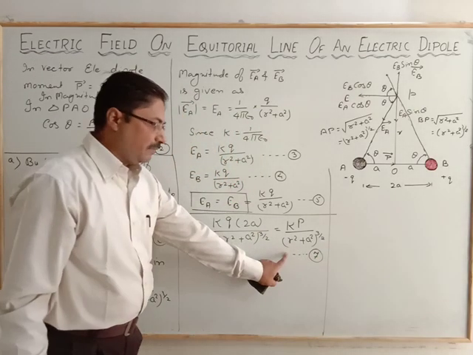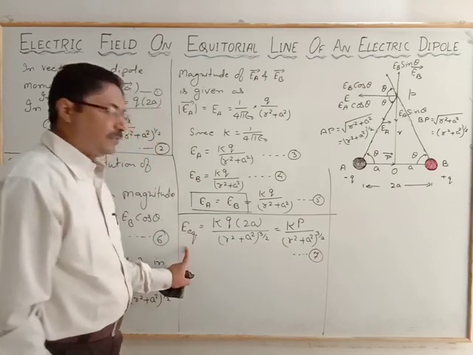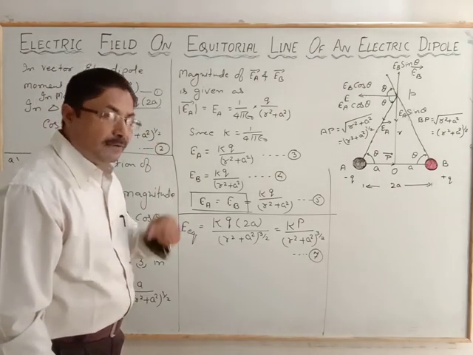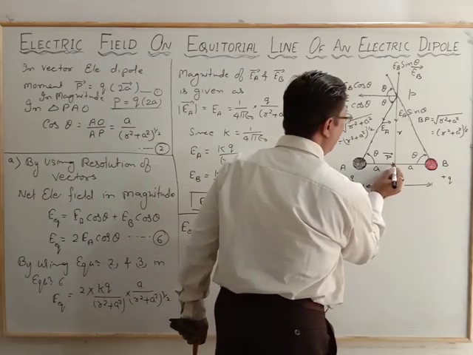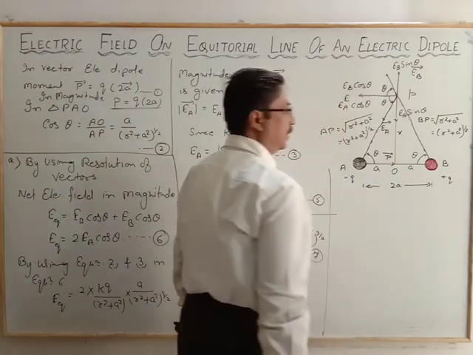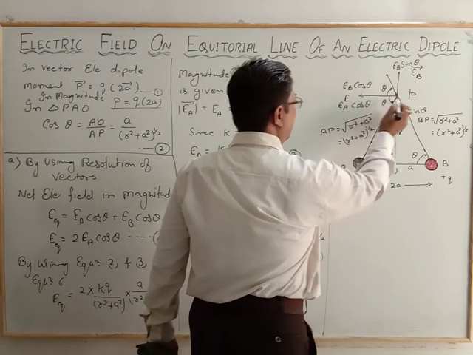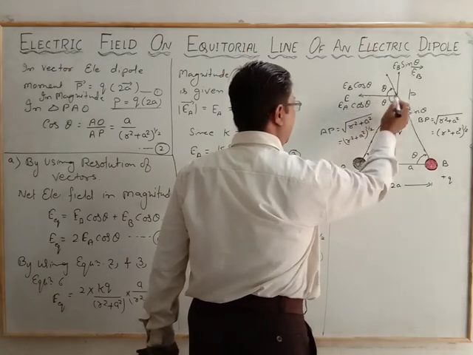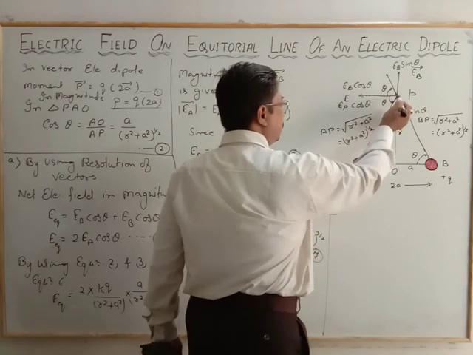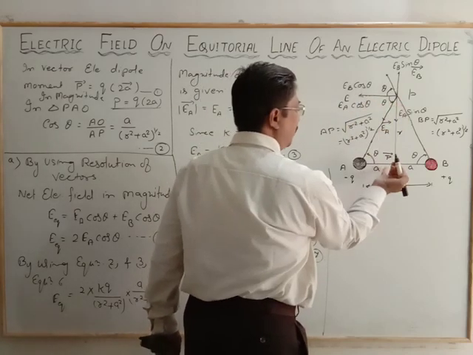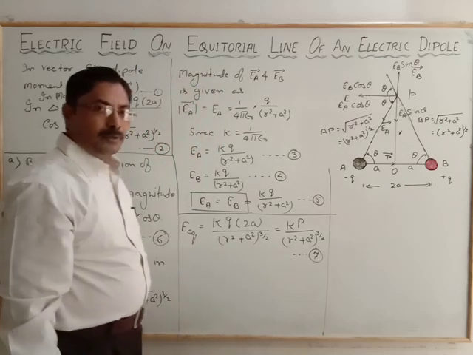Now equation 7 gives the magnitude of the electric field. For the vector, we have the relation here. The dipole moment is from negative to positive, but the electric field is along the diagonal of the adjacent vectors of the parallelogram. So the diagonal is opposite to that of the electric dipole moment.